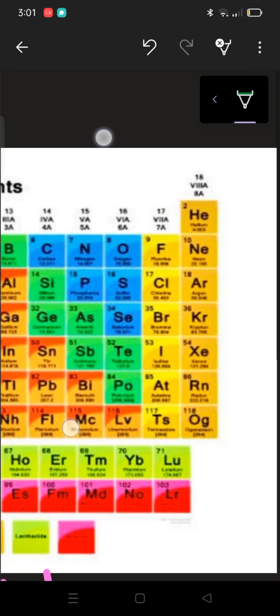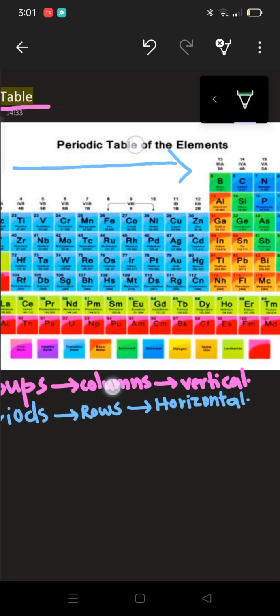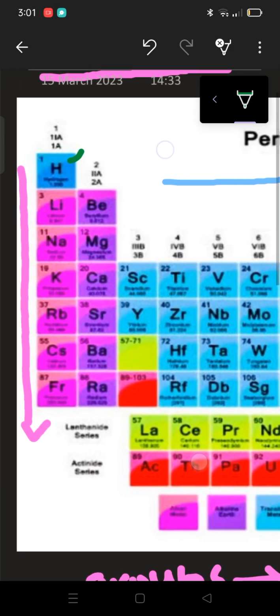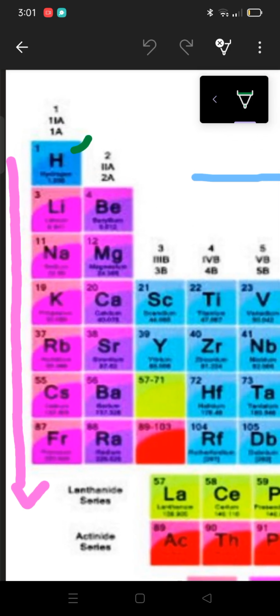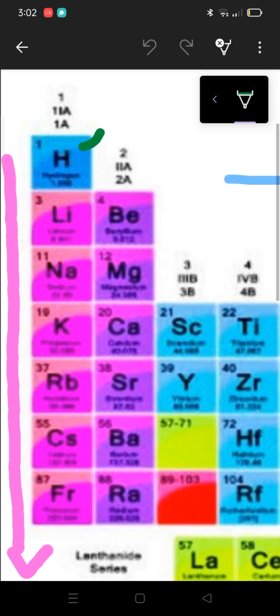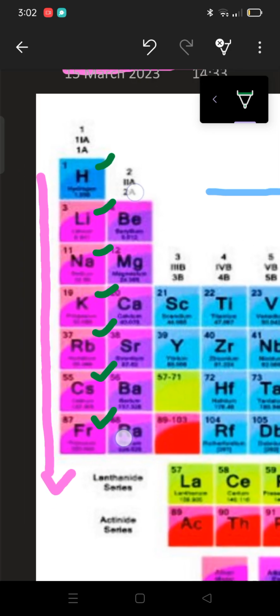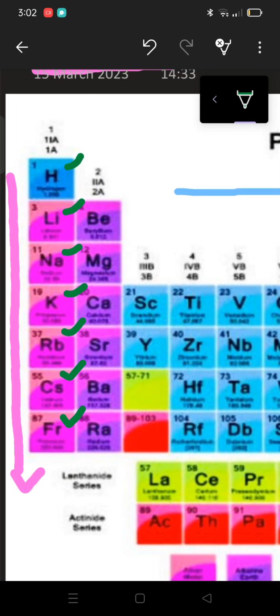These are noble gases. From lithium to francium, these are always first group, but hydrogen we are taking as well. So hydrogen, lithium, sodium, potassium, rubidium, cesium and francium are always in the first group.